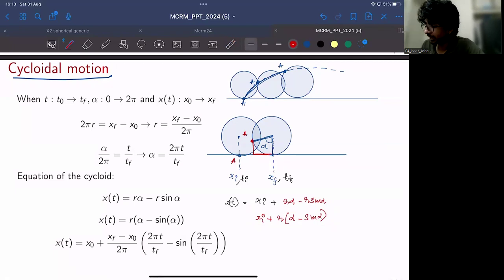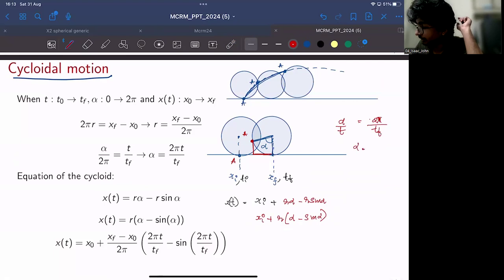And how do you relate this alpha to time? Alpha is proportional to 2 pi, if alpha is the angle that it moved over time t, and 2 pi is the full rotation over a duration tf.